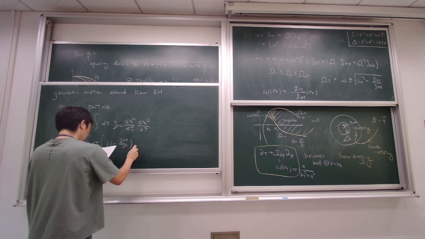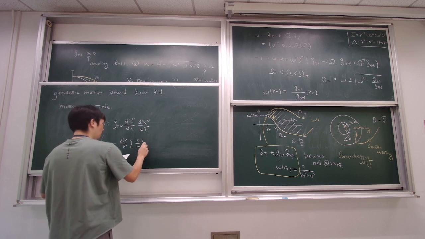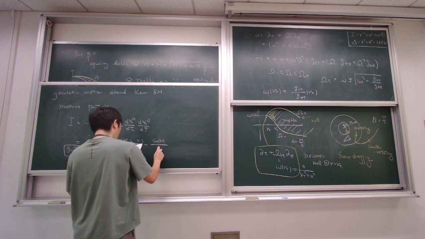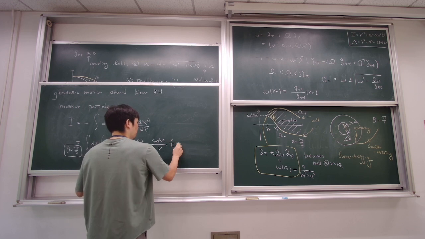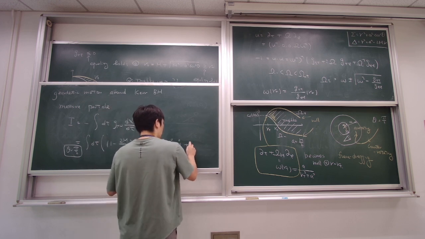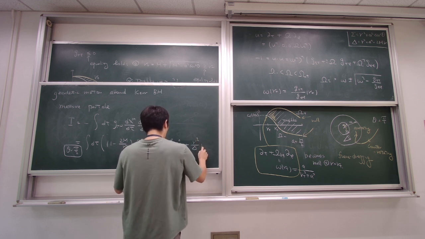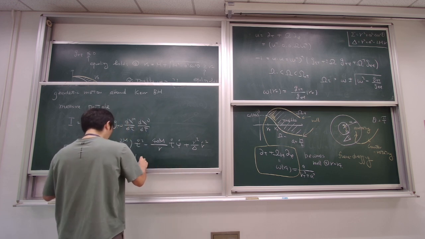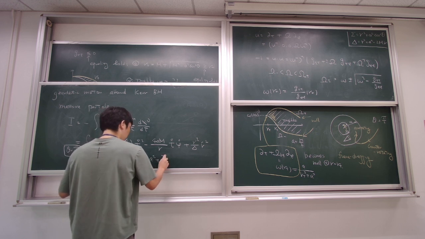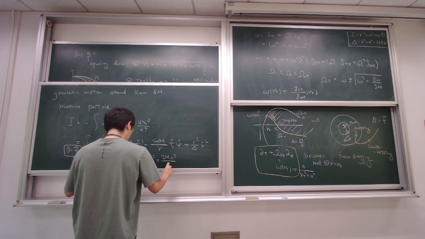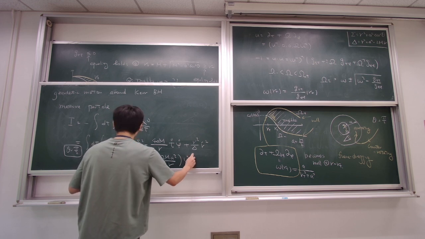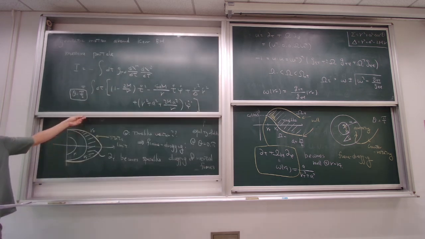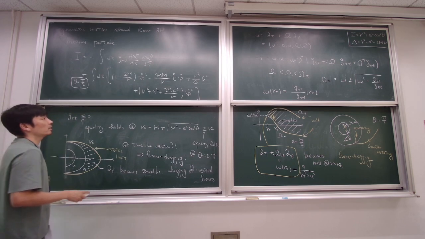I don't know if it's meaningful to write down everything, but the action contains the t dot and phi dot terms, plus r squared over delta times r dot squared, plus r squared plus a squared plus 2m a squared divided by r, times phi dot squared. Okay, so that's the action.